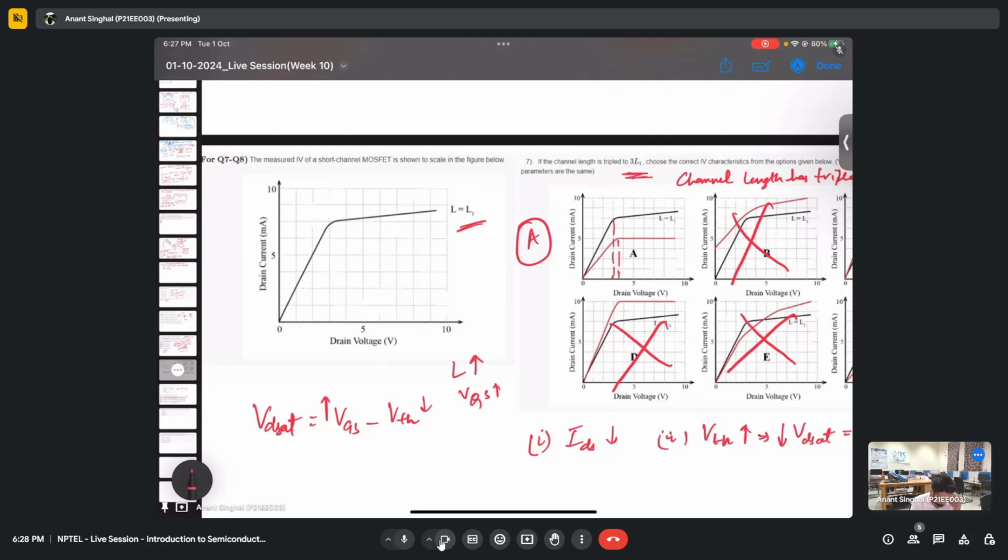Larger channel length means larger gate voltage. VD sat will increase. The first option says that we require a larger VDS. That is looking like that we require larger VDS.